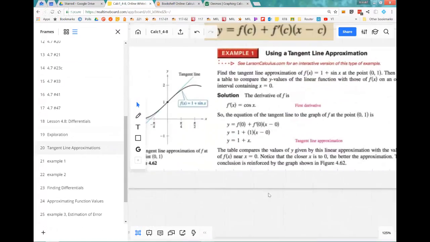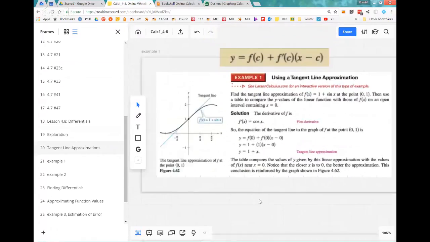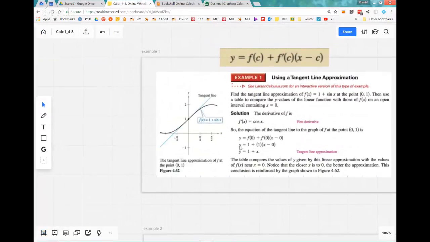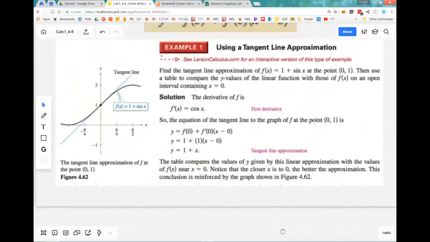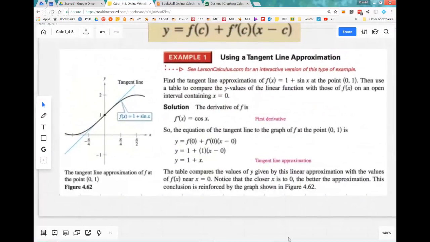You can see our curve. I'm trying to make this as big as possible, but yet not have it go off the screen. There we go. So our curve is y equals 1 plus sine x, and we want to find the tangent line approximation at the point 0, 1.